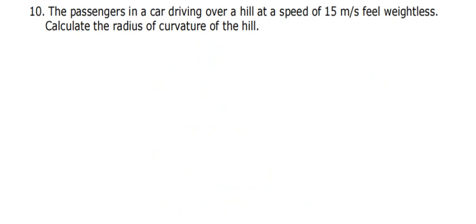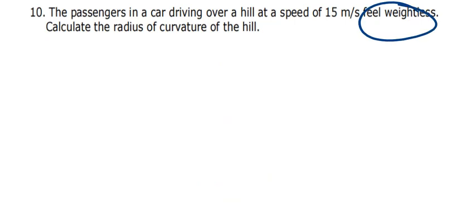So what are we finding first? We are finding the radius of the curvature of the hill. What first do we have? We have to note everything that they're telling us. They're telling us they feel weightless.